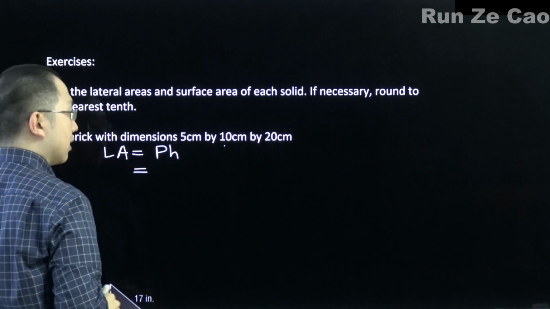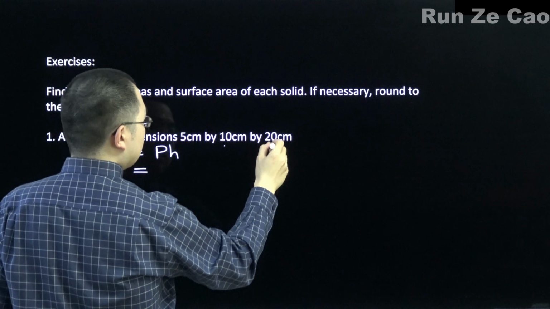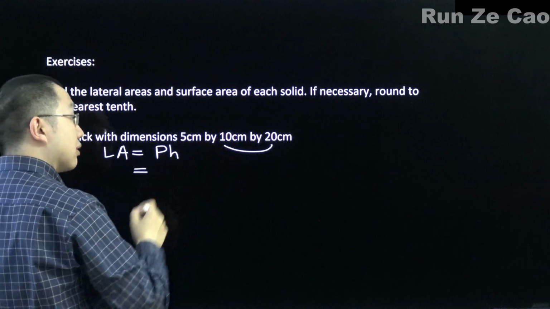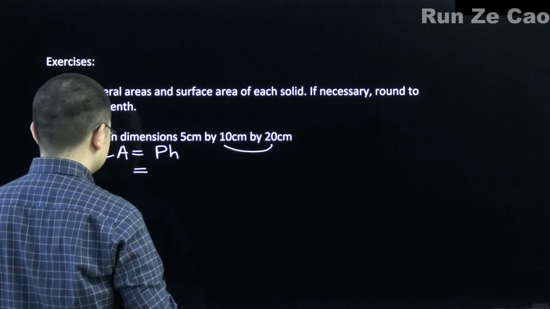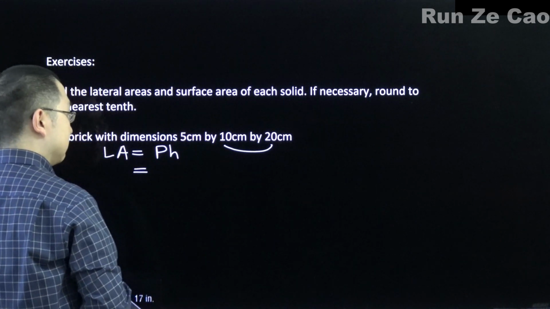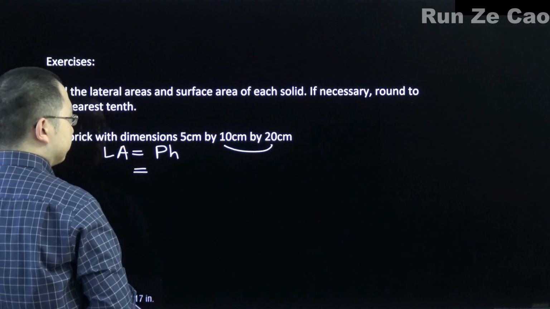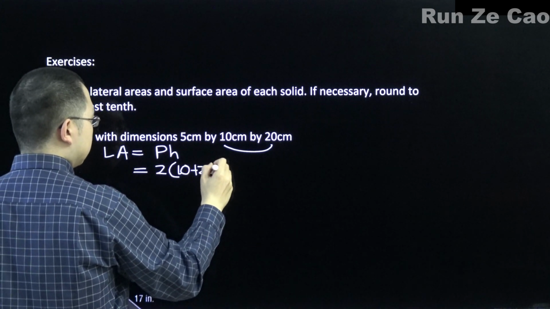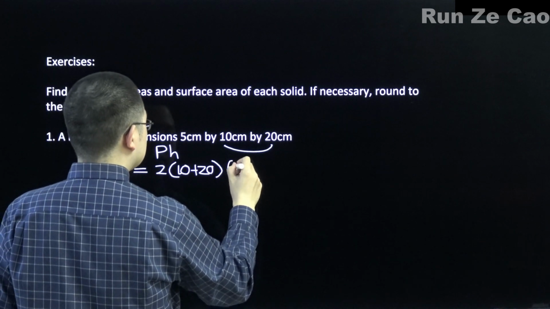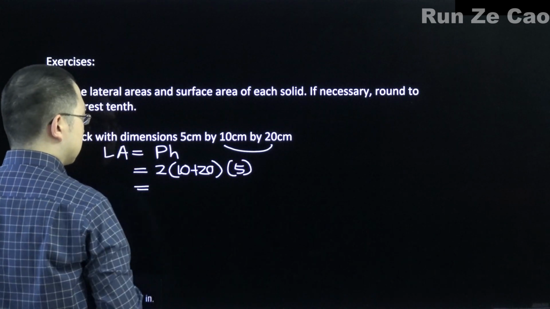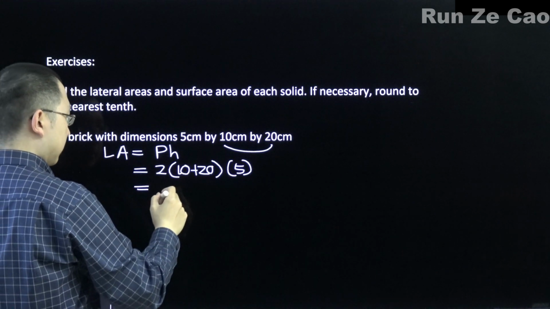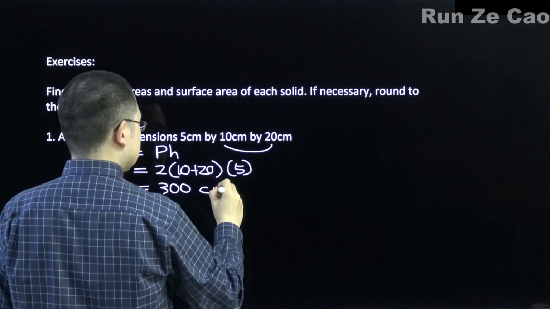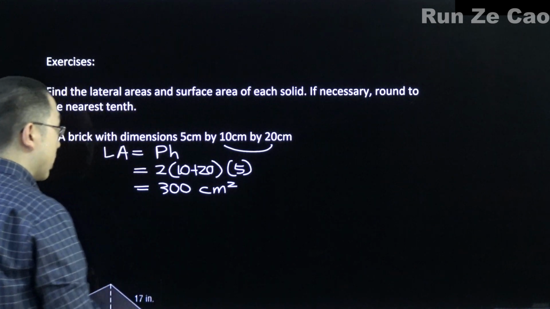The perimeter is the biggest edges, and this is the height of the brick, or the thickness. So, 2 times 10 plus 20, times height. That's 10 multiplied by 30, which is 300. And the area is centimeters squared.